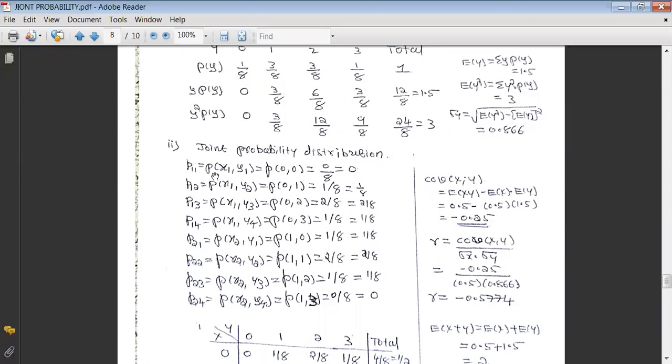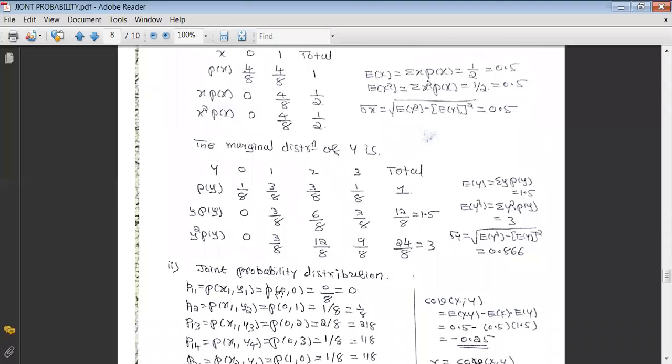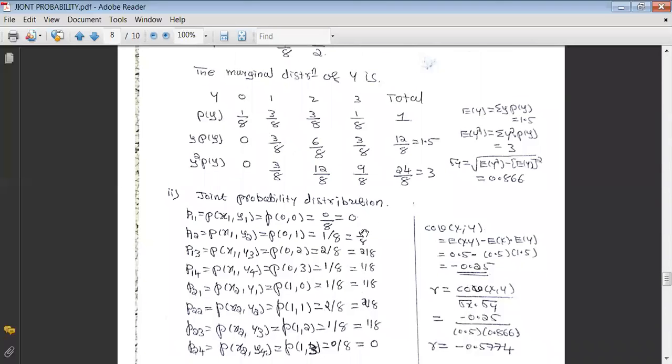P11 means it is the probability that the variable x takes the value x1 and the variable y takes the value y1. As we know, x1 value is 0, y1 value is 0. Probability in general is given by m by n, and n is already known, it is 8. For each denominator, first let us write 8 there.